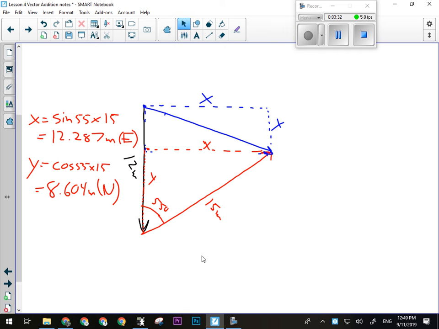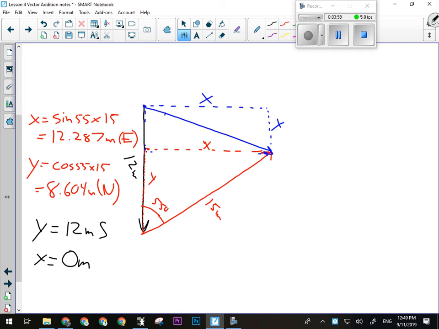For my black vector that came first, it only has a y component, 12 meters south. It doesn't go east or west, so I have nothing to report there for the x component. Everybody all right with that? That's also why we observed a minute ago that red x and blue x are the same, because red x is the only time in this trip where the object goes east.